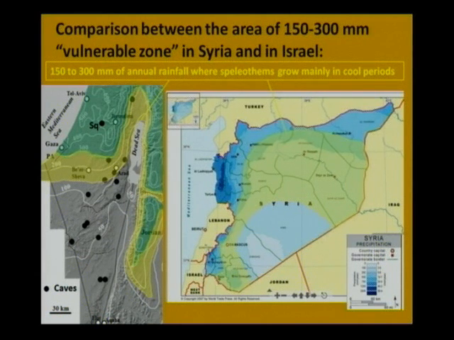And we see from the speleothem study that this area is vulnerable to droughts because of high temperatures. With cool temperatures, we have a positive water balance here, but when the temperatures are warm, this area becomes desert.